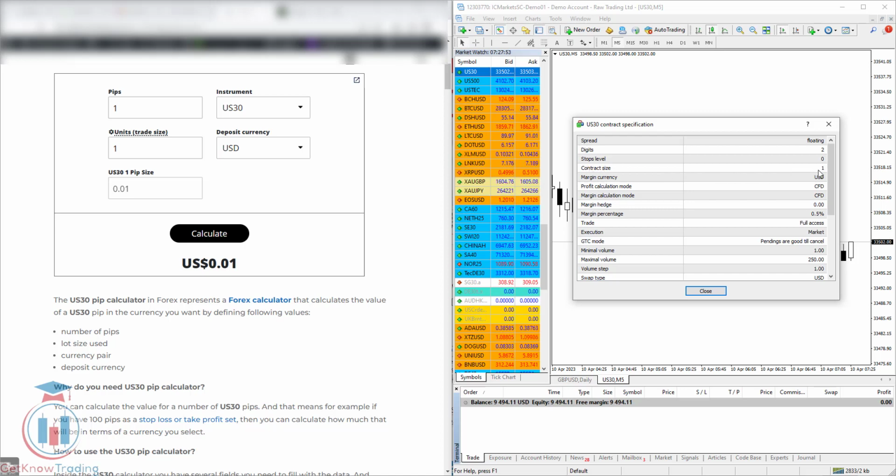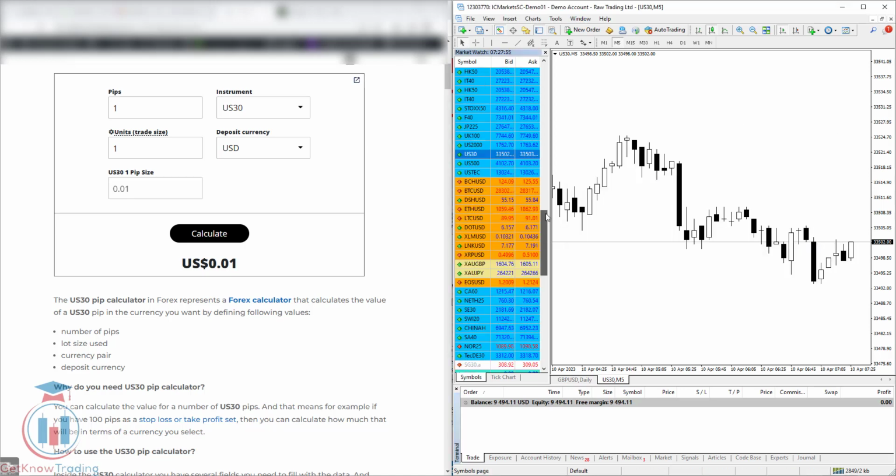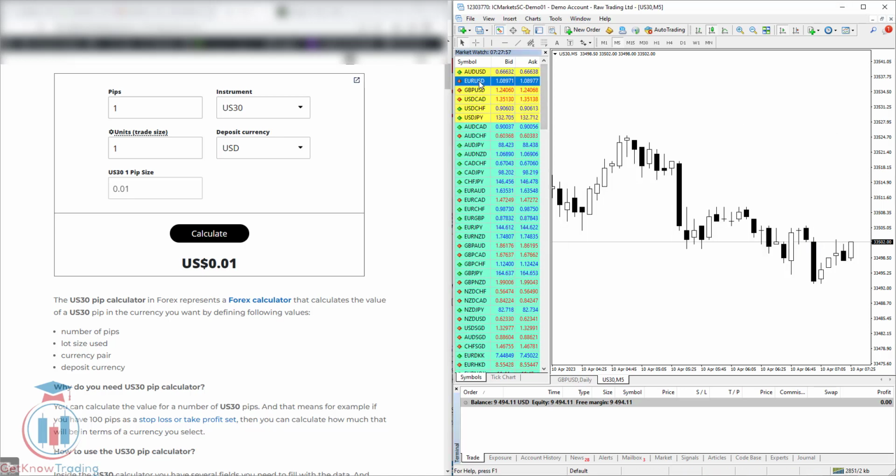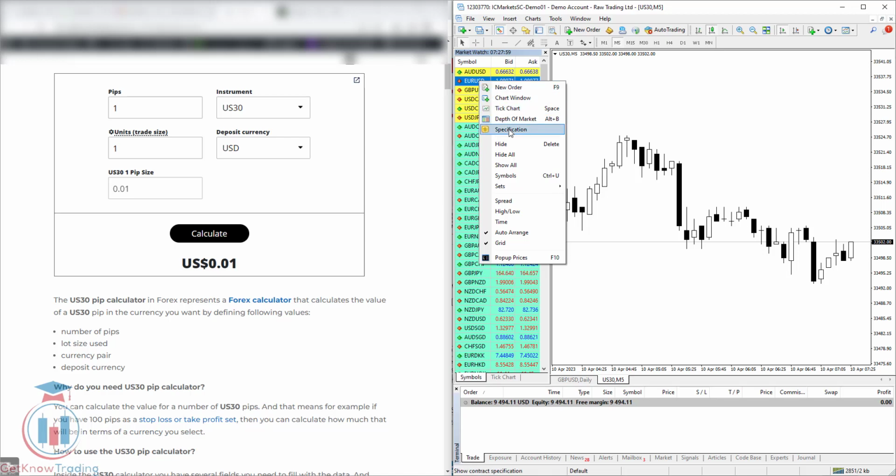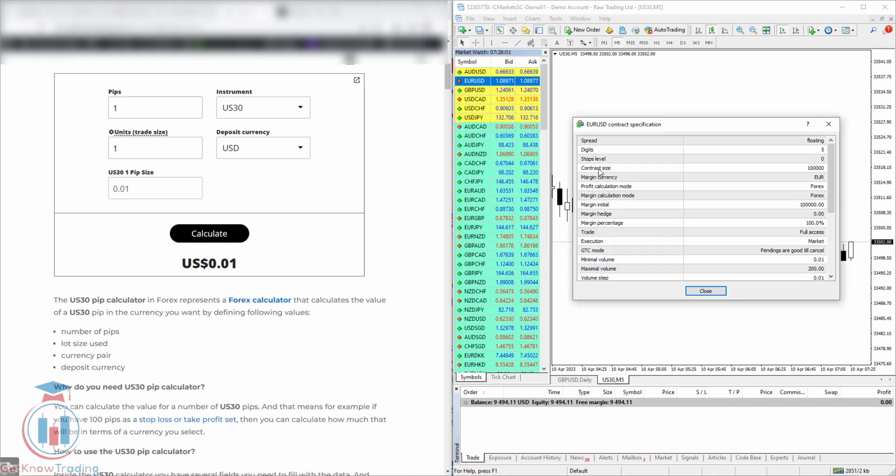For example, take EUR/USD, which is a Forex pair. When you go to specification, you can see the contract size is equal to 100,000 units. So you can see the difference between the indices and the Forex pairs.